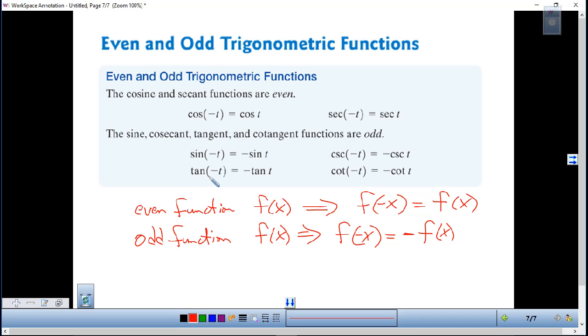Now, we know that tangent is sine over cosine, and if cosine's not changing, but sine is, it's going to change your tangent value. So all these others, because they have sine involved in their definition, are all odd functions. The only ones that are even are the two that are only based on cosine. So that's a good way to remember it.